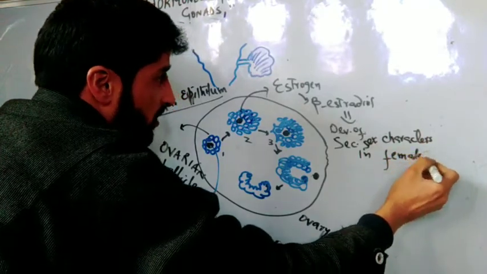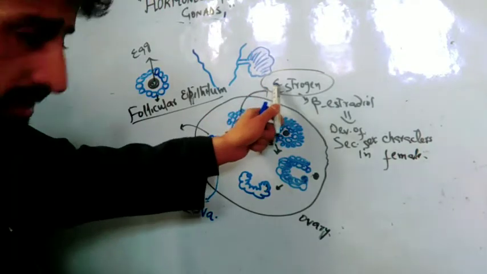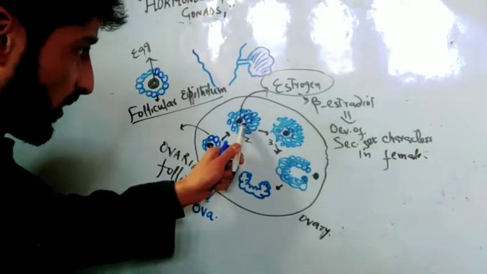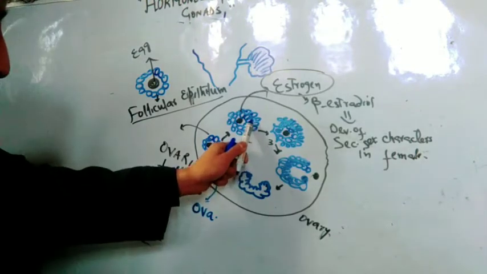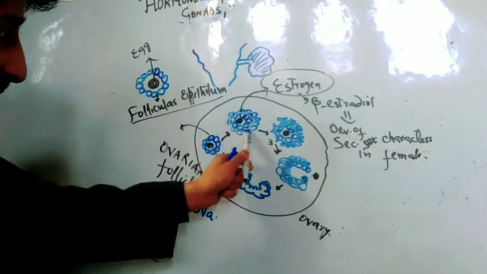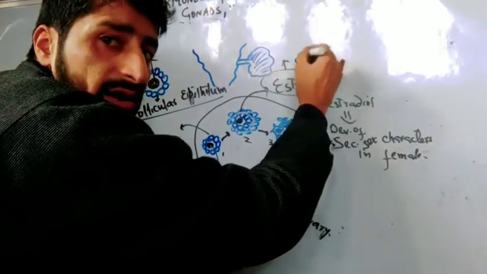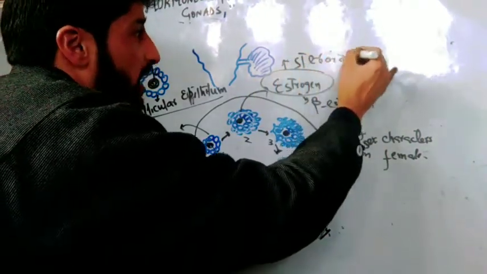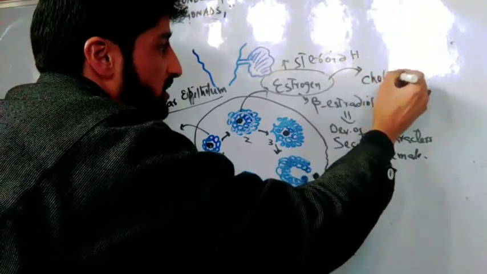This beta estradiol or simply estrogen is also a steroid hormone produced from the ovarian follicles, from these follicular cells. When I say it is steroid hormone, I mean this estrogen is also produced from cholesterol.